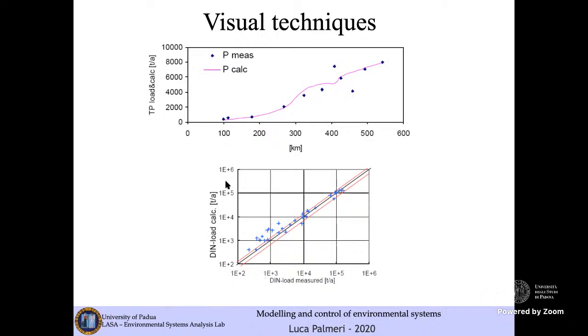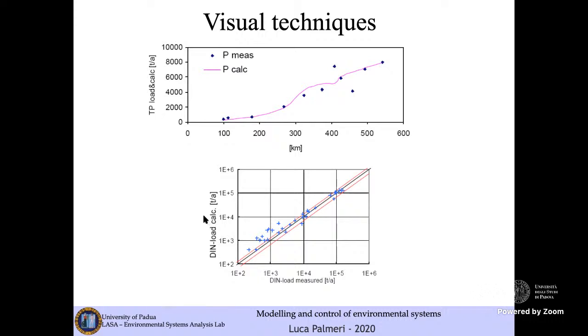And another way is that of plotting on one-to-one plots. For example, here we compare dissolved inorganic nitrogen loads as measured with dissolved inorganic nitrogen loads calculated by the model.